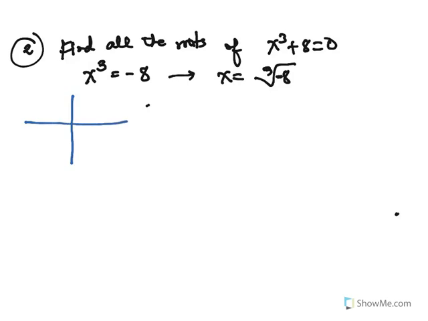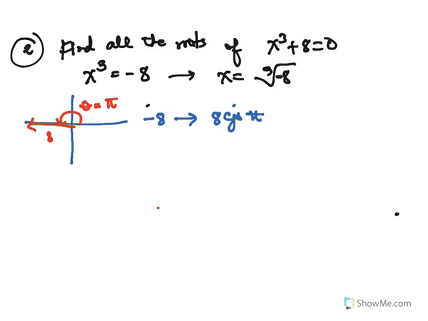Negative 8 looks like this. This is 8 units, and then you have your argument here to be pi. And so negative 8 is just 8 cis pi.